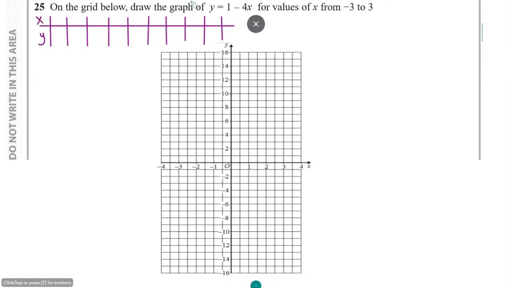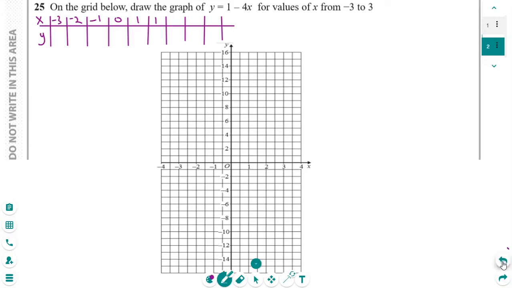The value for x ranges from -3 to 3. So -3, -2, -1, 0, 1, I think 2, okay, 2 here and 3. So I had an excess, so I'm going to wipe them out now.